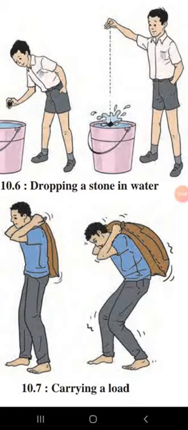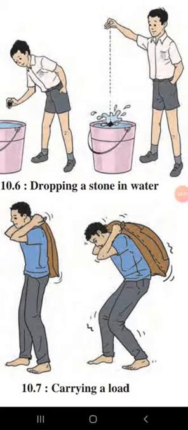Second action, if you see, the action of lifting a sack is shown in this picture. One sack looks empty, the other one is full. What difference do you notice in the way the two sacks are lifted? The gravitational force on the empty sack is less. That is to say, it is lighter.